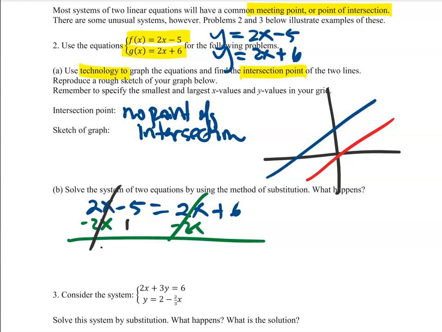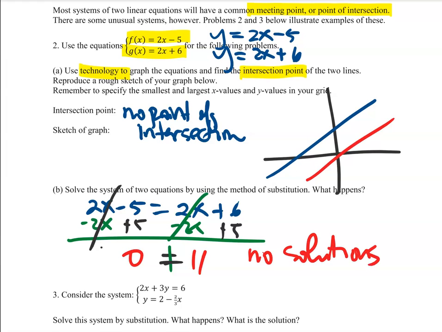And if we add 5 to both sides, 2x minus 2x is 0, 6 plus 5 is 11, and we can say that 0 is not equal to 11. So that's why we can say here that there are no solutions. And based on our graph, we can see that there is no point of intersection, meaning there are no solutions. Okay?